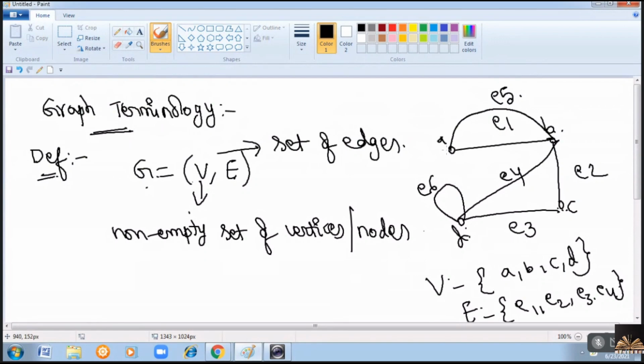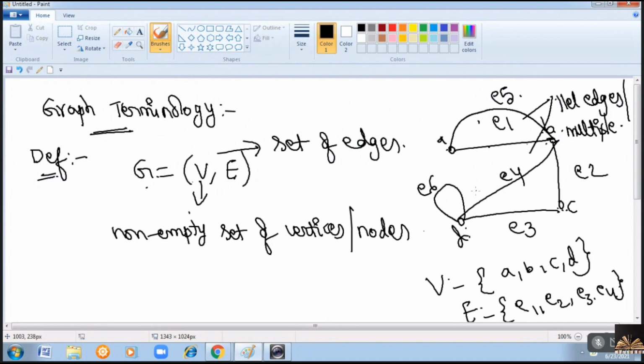Between the same pair of vertices, if you have more than one edge, we call those edges parallel edges, also known as multiple edges. Clear? Now E5 and E1 are the parallel edges.